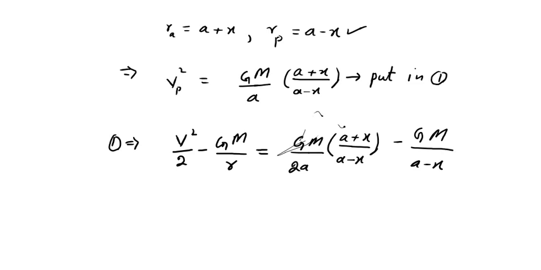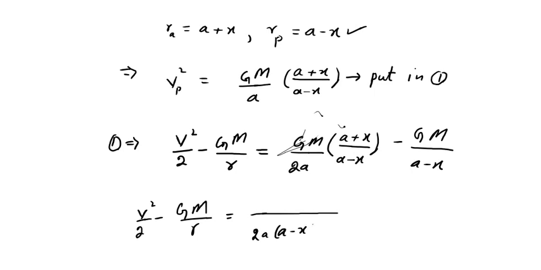Now rearranging these equations, let's say v squared divided by 2 minus GM divided by r will be equal to, taking an LCM, that is 2a into (a minus x).